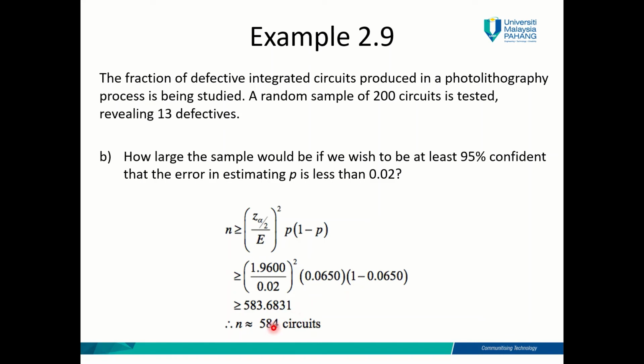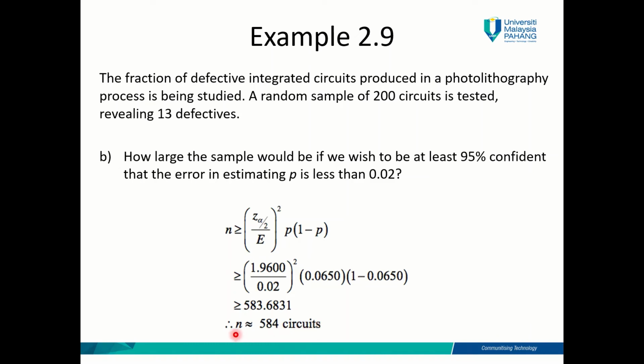583.6831. And same as chapter 2.2, for the sample size formula, we round up to the next greater integer. 583 becomes 584 circuits.